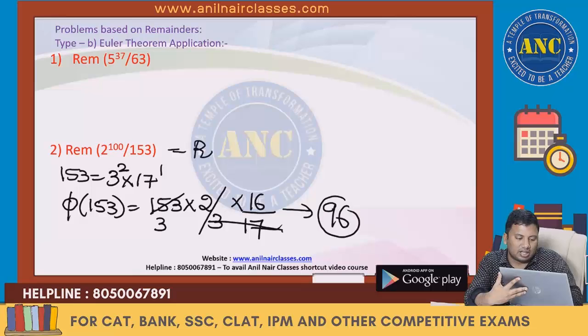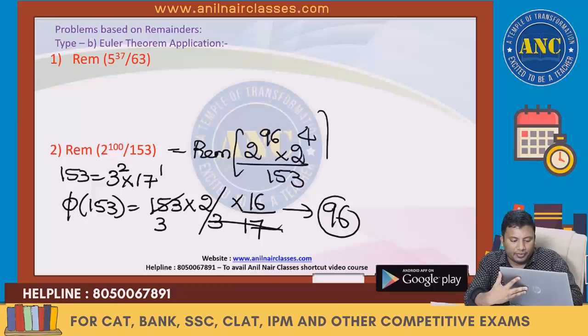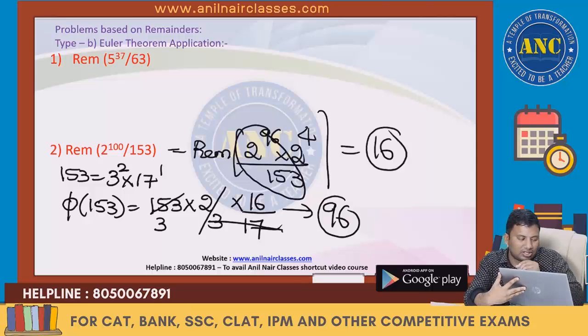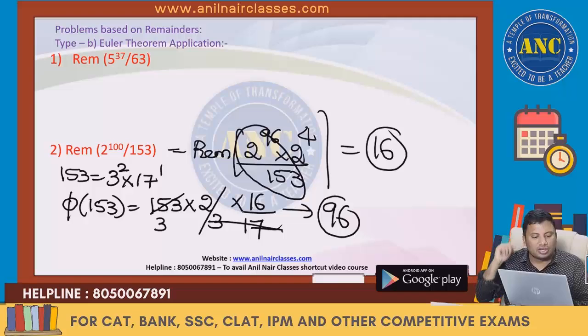So this is 2 power 96 into 2 power 4 divided by 153. This is 1. 16 by 153 is 16.